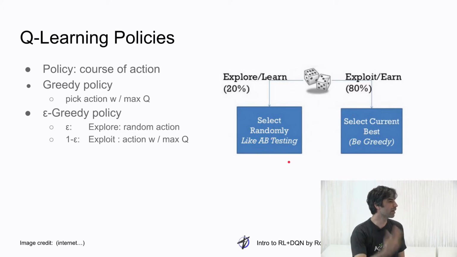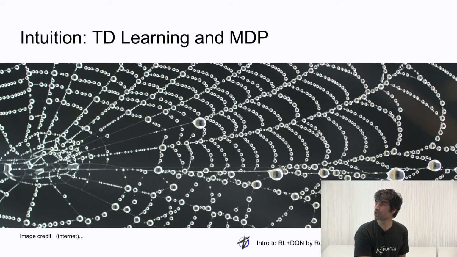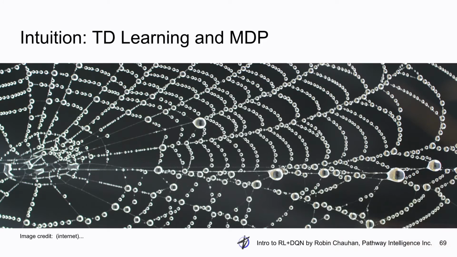If you do that enough times, you will end up exploring the different avenues in your state space, all the different lefts and rights and turns. And you will start to get a sense of the Q values because the TD learning will pull those Q values in from all the different avenues, right? Yes, Anchan.